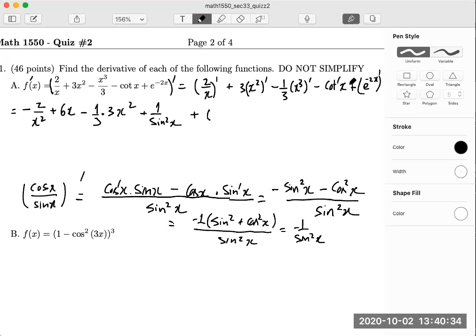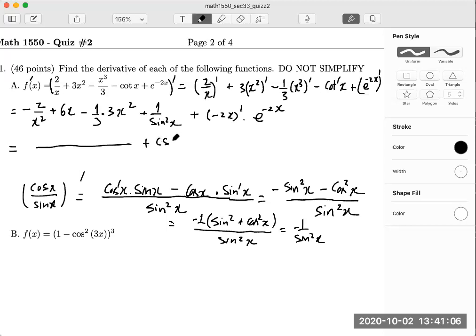The derivative of the power here, negative 2x, times e to the negative 2x, right? So now we just rewrite the whole thing here, okay? And you can leave it 1 over sine squared, or it's up to you if you want to write cosecant squared. Both are correct.